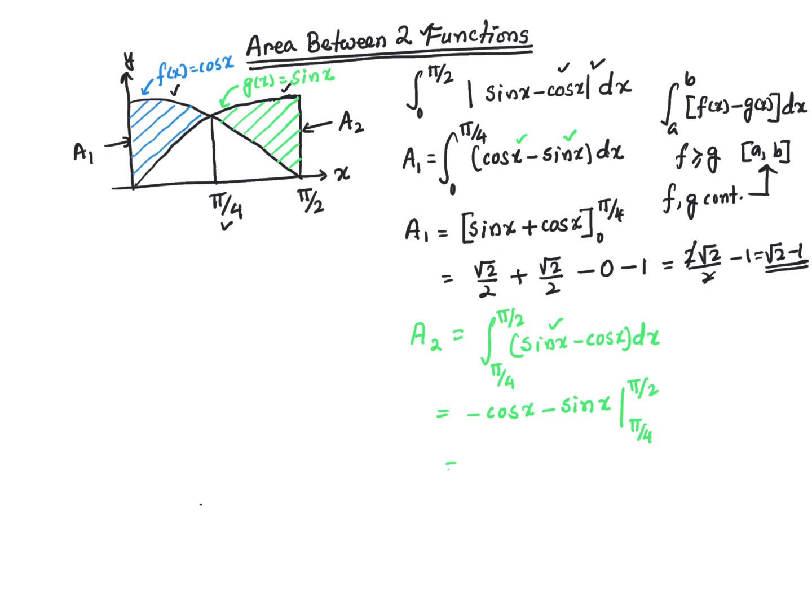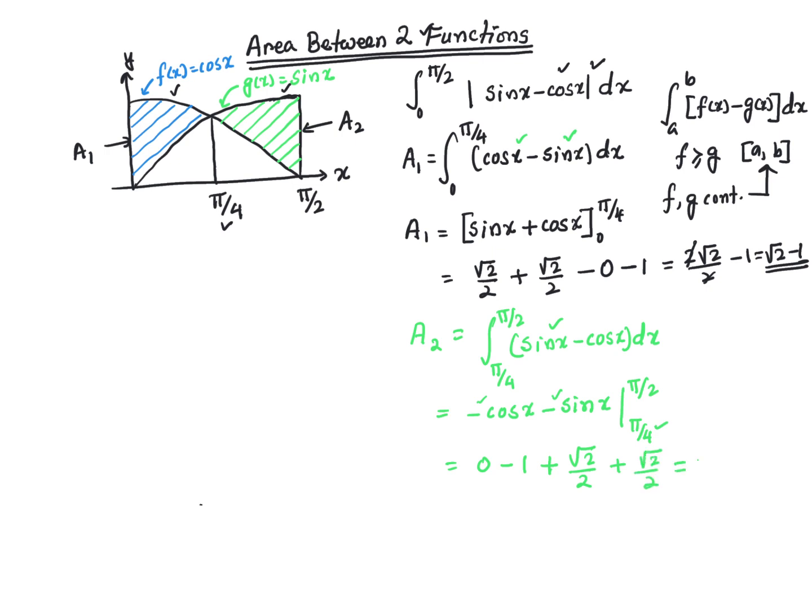So if I do that, at pi over 2, cosine of pi over 2 is 0. So it's going to be 0 minus sine of pi over 2, by the way, is 1. Then minus negative, and this negative is going to make it positive. Cosine of pi over 4 is going to be square root of 2 over 2. Then again minus, and this subtracting, right, is going to give me positive square root of 2 over 2.